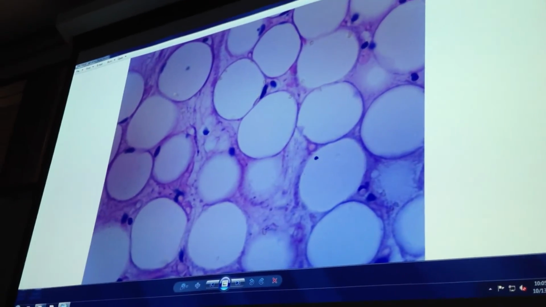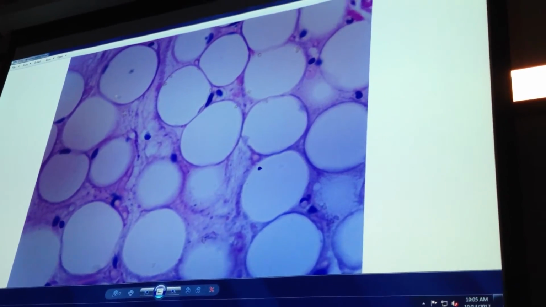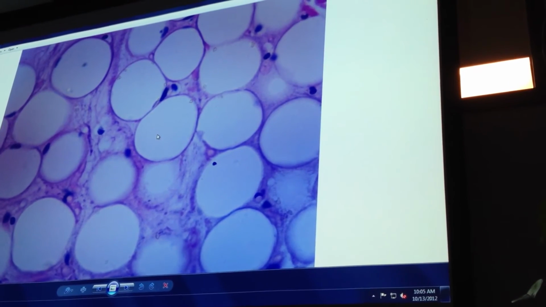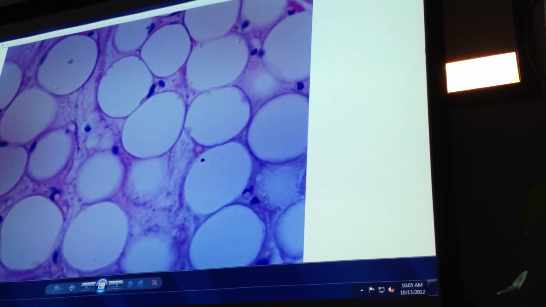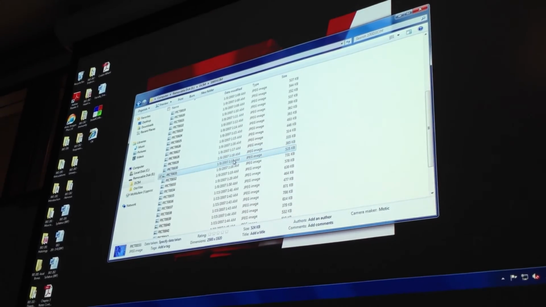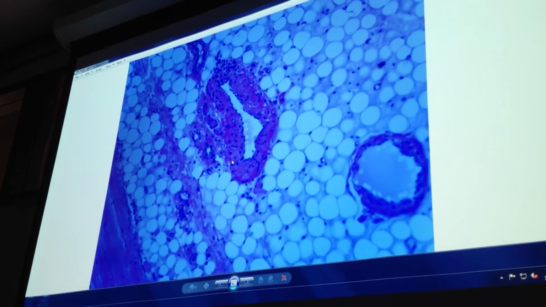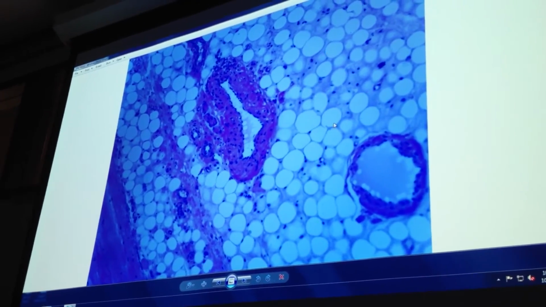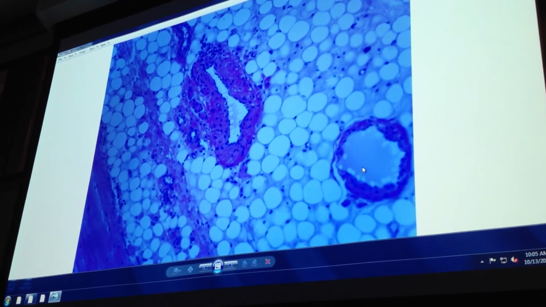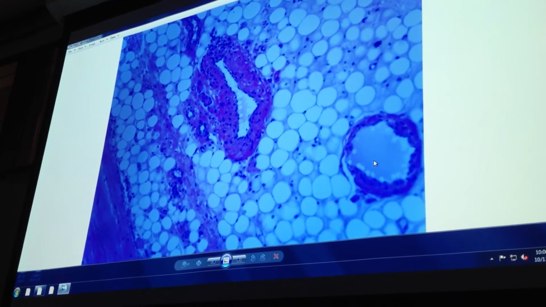What's this? Adipose. Name that cell. Adipocyte. Always looks like that. What's all these cells here? Lower magnification. Adipose. What's this? Capillary.